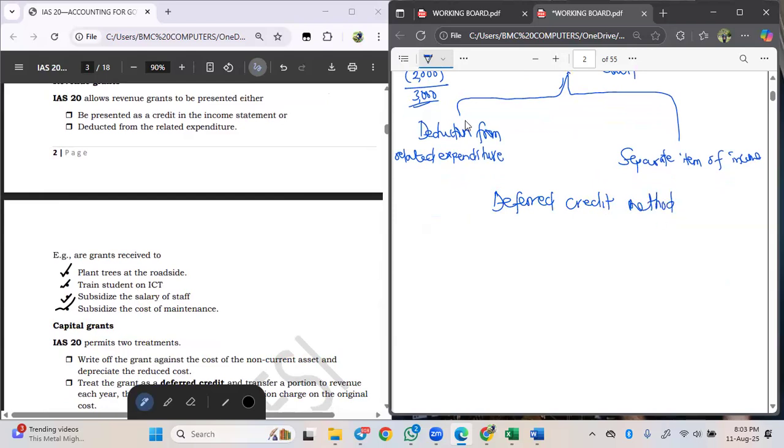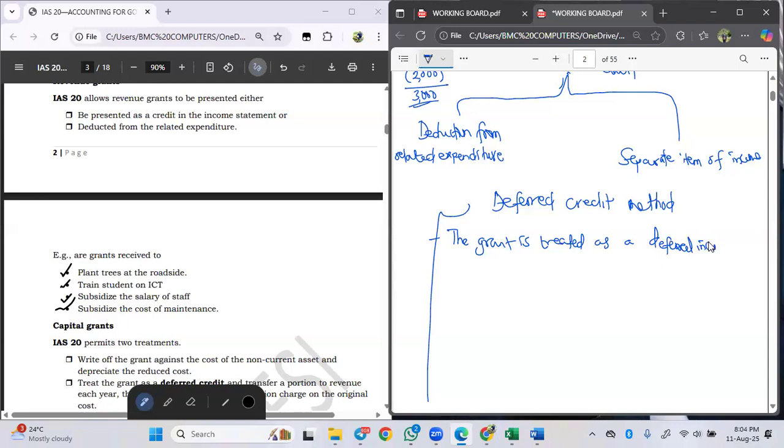So as I said, the first one, you just have to deduct the grant from the related expenditure. That's all. So with this one, first of all, you treat the grant as what? A deferred income. And this one is liability.